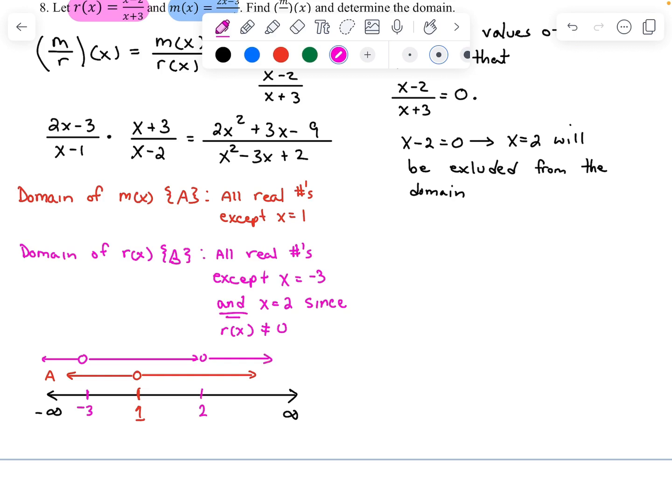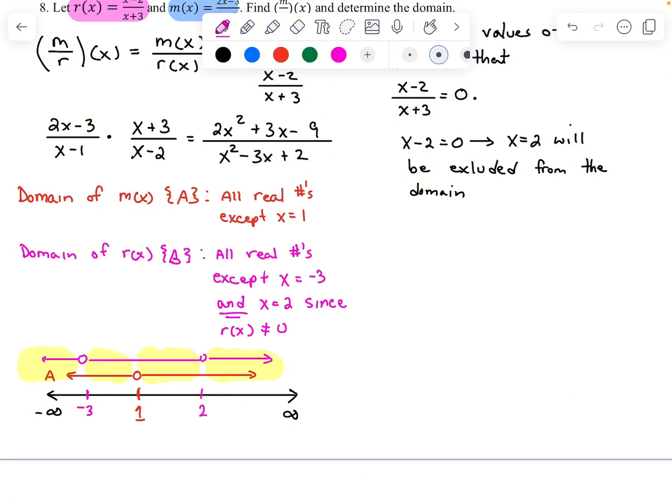Okay, so now that I have the two number lines, the intersection is going to be everything that I highlight in yellow. And notice I'm not highlighting anything that has an open circle, because those three numbers are not included in the domains.